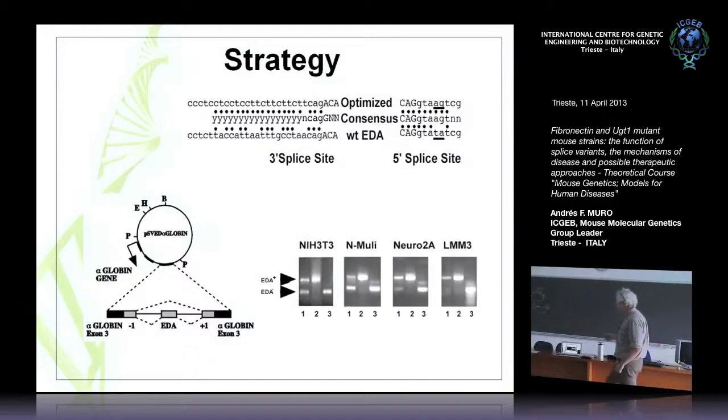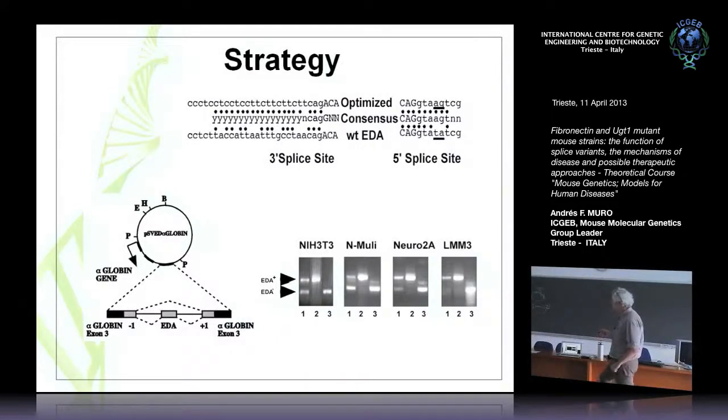We tested the efficiency first in a plasmid, in a mini-gene construct, in which we included the -1 exon, the intron, the EDA, and the +1 exon, containing or not the modification in the splicing site or the deletion of the exon. In different cell types, lane 1 corresponds to the wild-type construct.